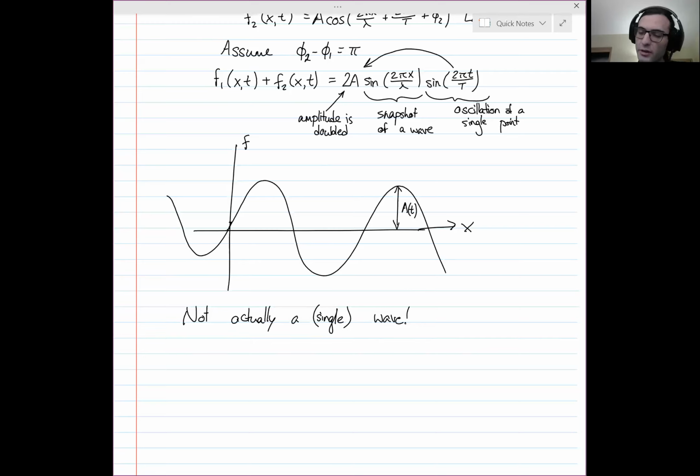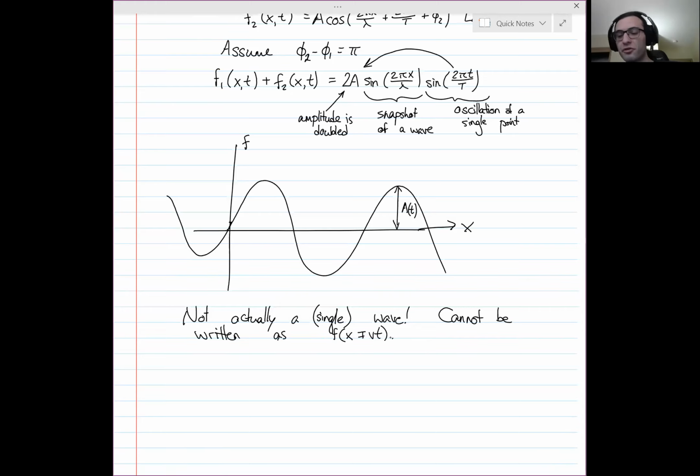But this one cannot. However, it is still a wave. It's just a superposition of two waves.